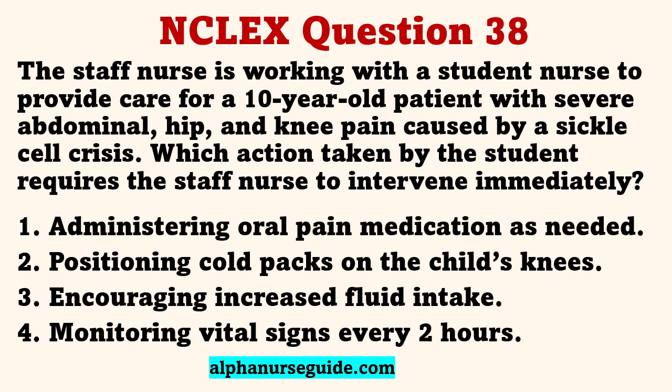Encouraging increased fluid intake is advised to prevent thrombosis formation. Monitoring vital signs is a method to assess for life-threatening complications associated with both vaso-occlusive crisis and splenic sequestration. Vaso-occlusive crisis is associated with severe pain, and pain medication is recommended.